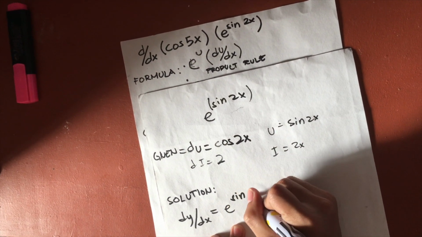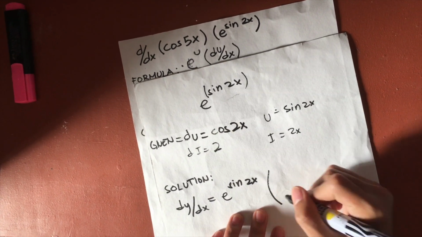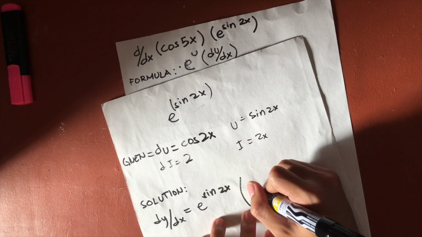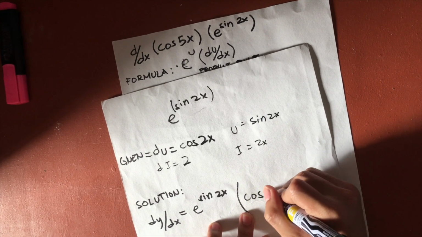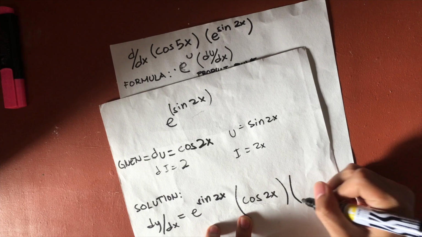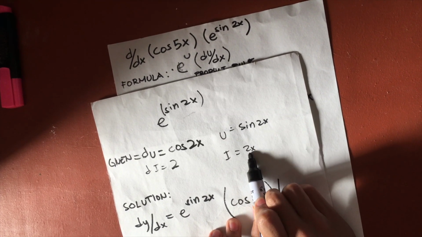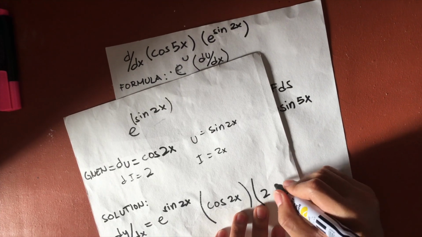Now the derivative of u is cos 2x times the derivative of the inner, which is 2.